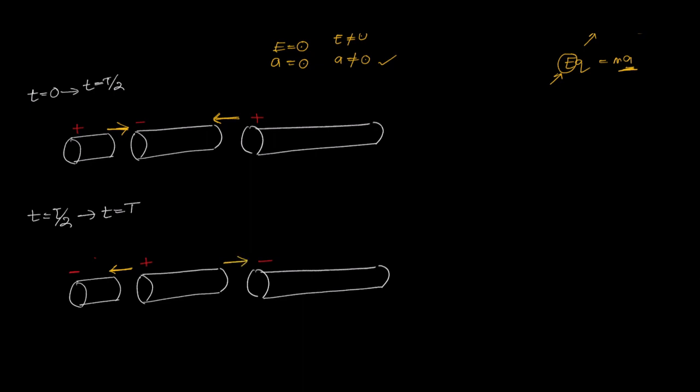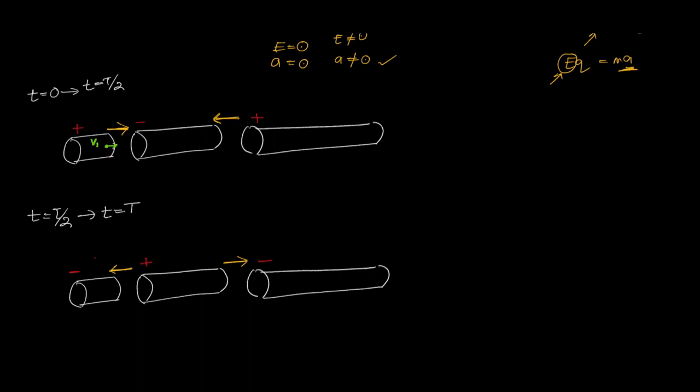So let's look at how this particle gets accelerated. Now we have a proton. Let's say it leaves this tube at a certain time with a certain speed v1.